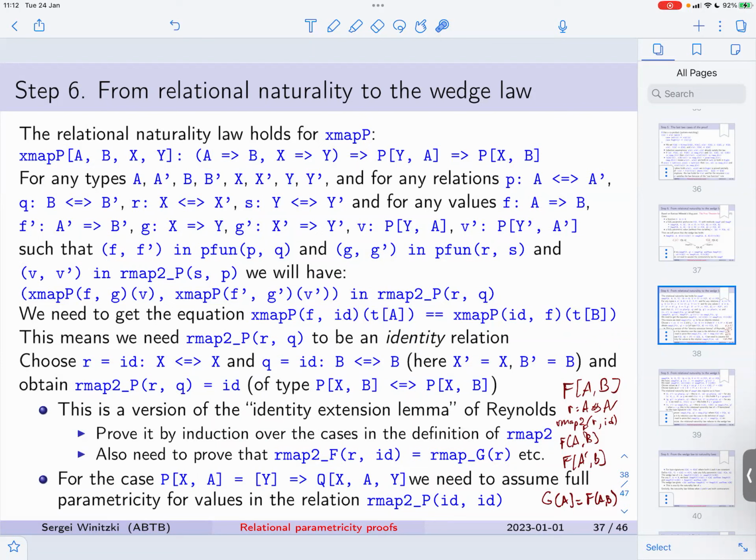I'm not going to go over the details, but essentially there is a technical detail that you have to assume parametricity, and you have to assume that the parametricity theorem holds, and apply that theorem in order to show that this is right. But we already proved that theorem, and we did not use the identity extension lemma, so that's fine.